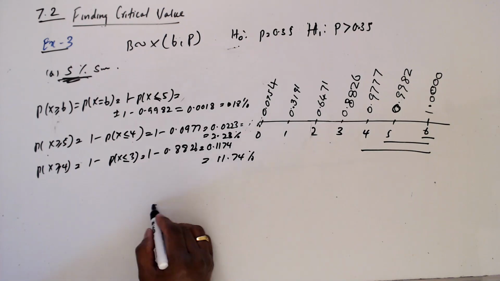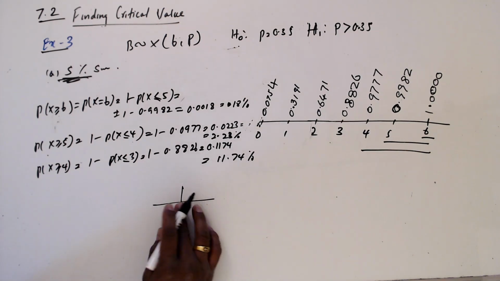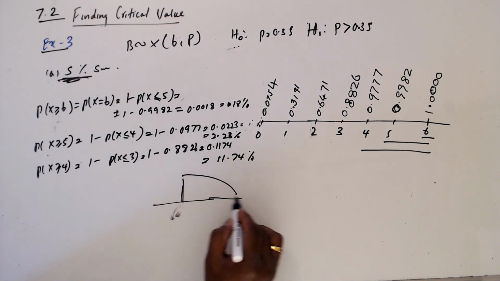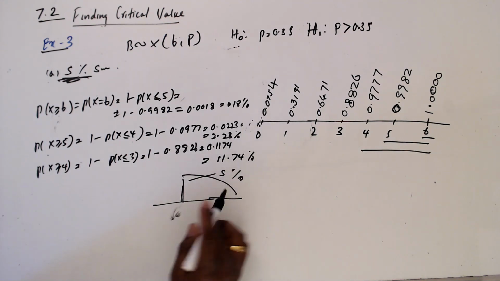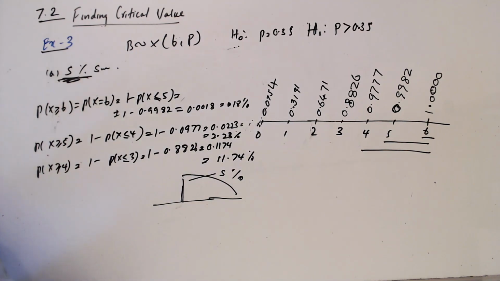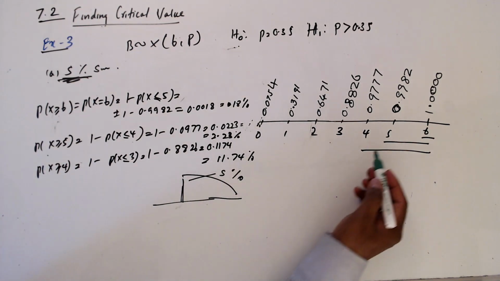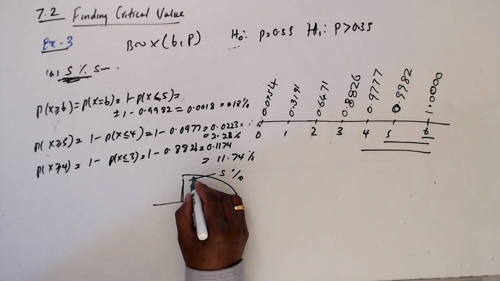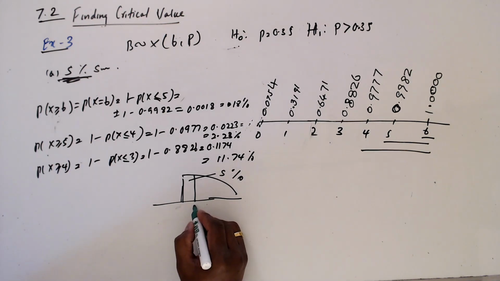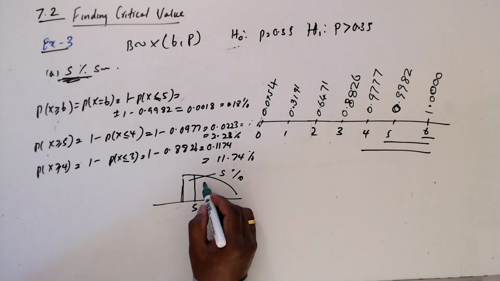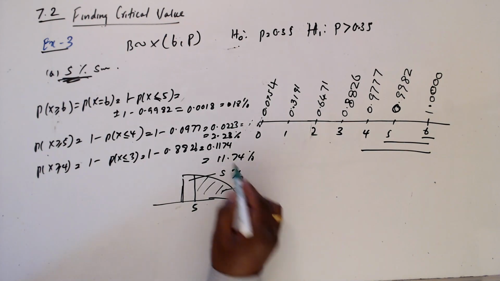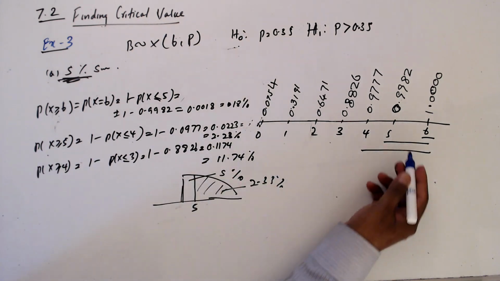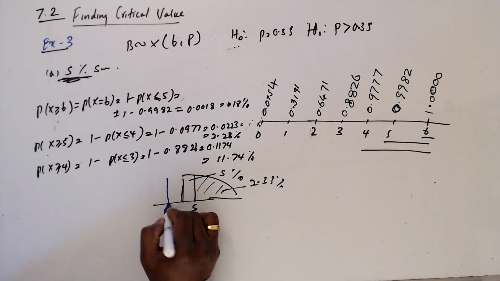We need 5%. This is the area we need 5%. But when it's up to 5, it is going to be how many percent? 2.23. And up to 4, it is here.